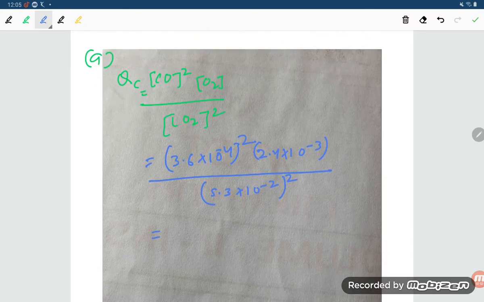If you solve it, it comes to 1.11 into 10 power minus 7.